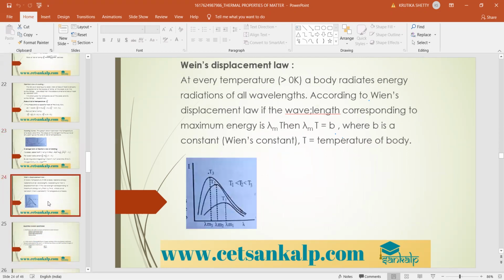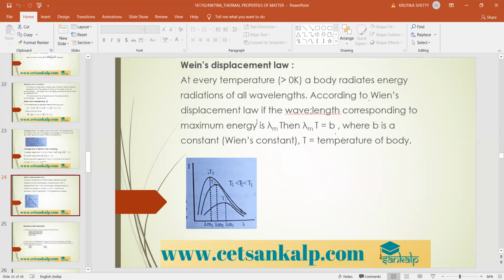Then the last concept, we have the last statement, Wien's displacement law. So what is Wien's displacement law? At every temperature, a body radiates energy of all wavelengths. According to Wien's displacement law, if the wavelength corresponding to the maximum energy is lambda m, then lambda m T is equal to b, where b is called Wien's constant.